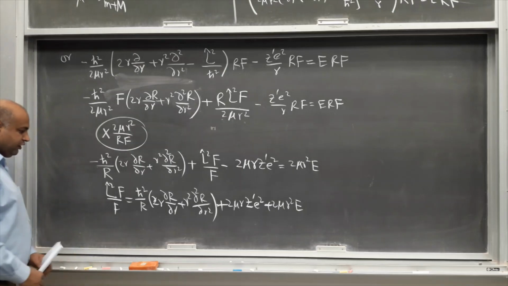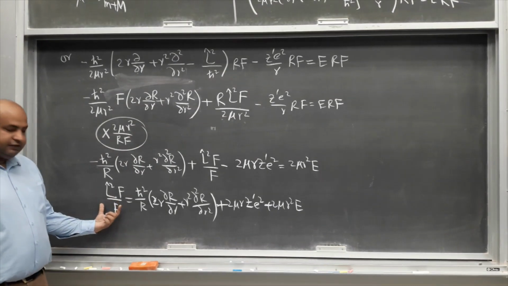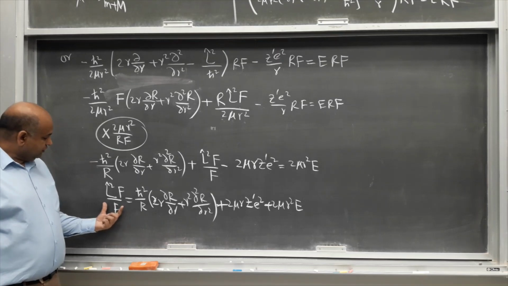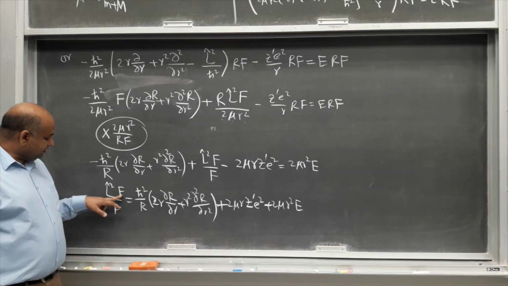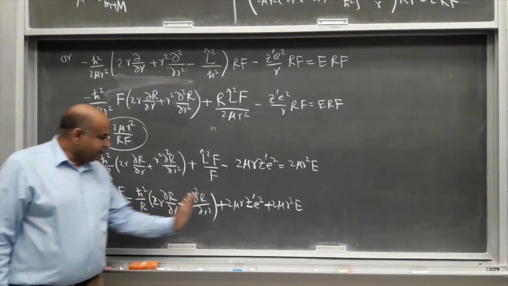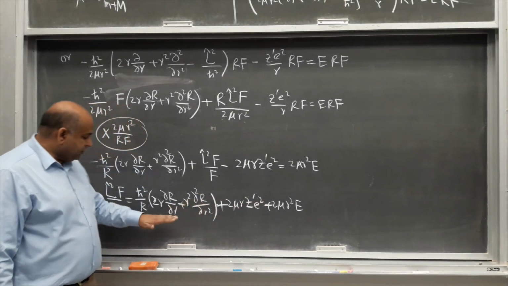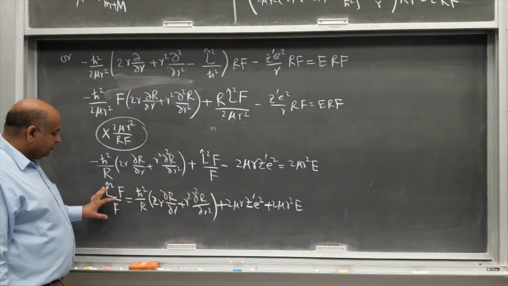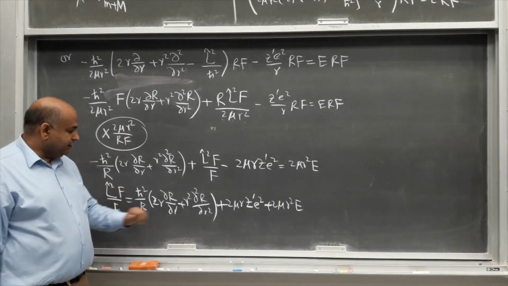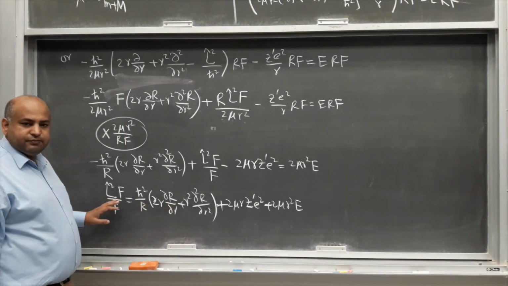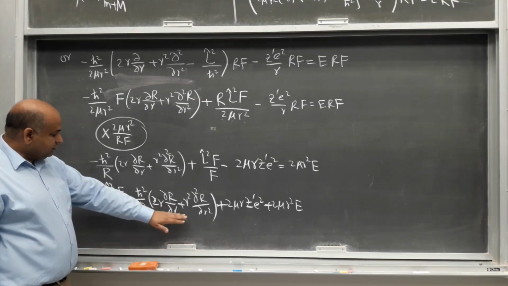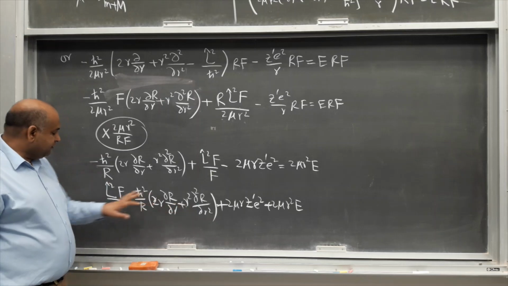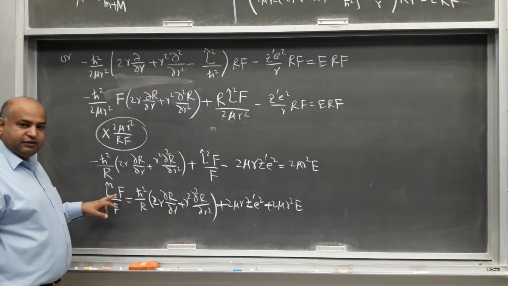Now if we look at this equation, on the left side, we can at most have something which is a function of theta and phi, because f is theta phi, and on the right side, everything is at most a function of r. Now, if these two functions have to be equal, there's only one possibility: they're both equal to a constant. Because if this is not equal to a constant and there is some r present here, then this cannot be equal to this because there is no r on this side.